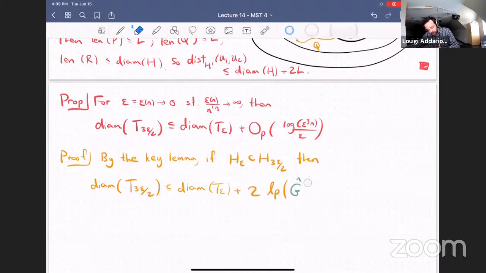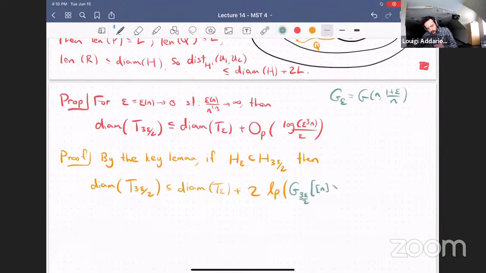What is this? So the graph we have to look at here, recall the notation, G epsilon is Gn of 1 plus epsilon over n. Okay, so the graph I have here is G 3 epsilon over 2, but then restricted to the vertices that aren't part of the giant component h epsilon. I have to remove them.